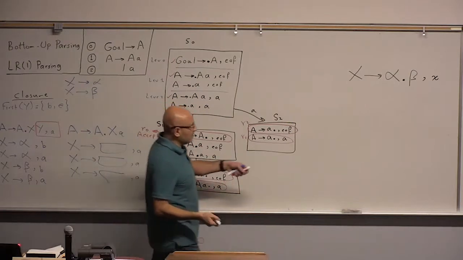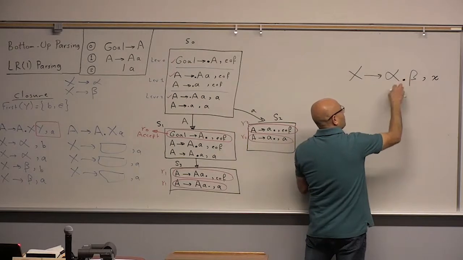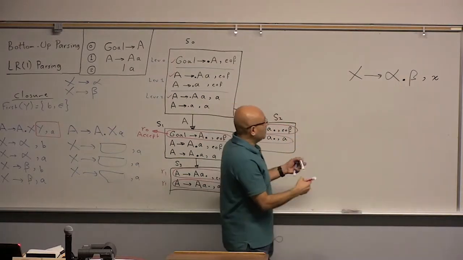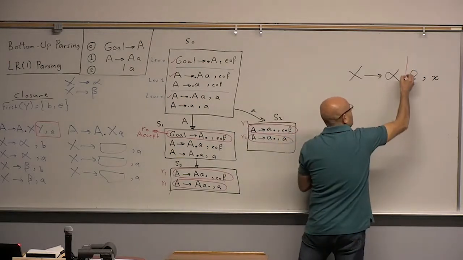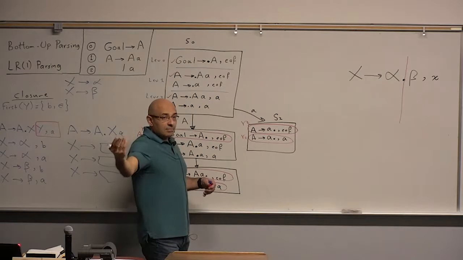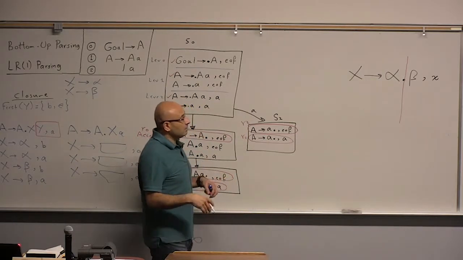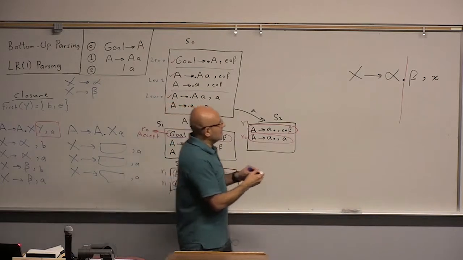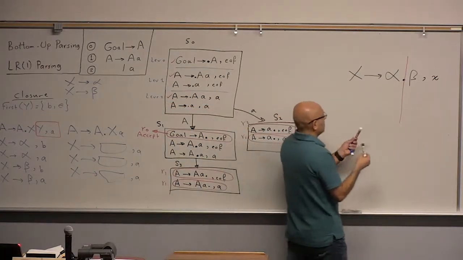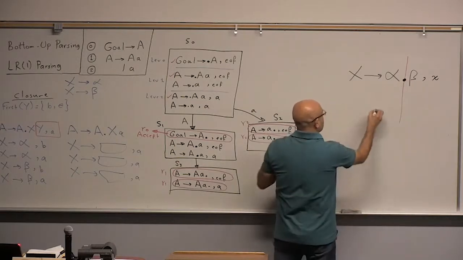When we have something like this, it means that what we have recognized so far, we have recognized an alpha. Remember that this placeholder is the boundary between the stack and what we have yet to read from the input. So alpha is on the stack. When you have a placeholder like this, in this position, it means what's on the stack is an alpha.